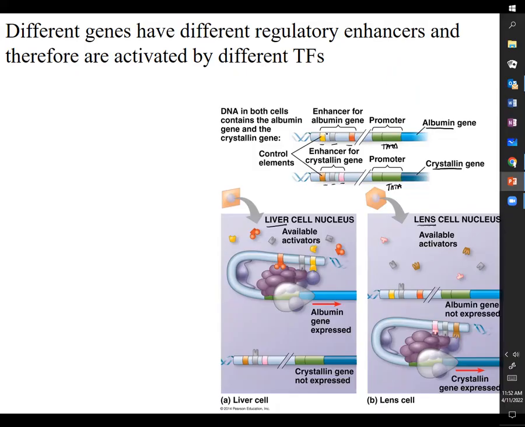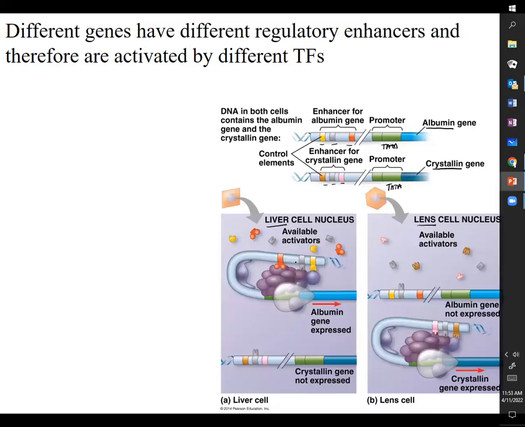In cartoon form, the albumin gene has enhancers that are yellow, gray, and kind of this red color. And then the crystallin gene has orange and gray. So they share gray, but they have different other enhancers involved. So if we're in the liver cell nucleus and we look at transcription factors that are being expressed or activated in the liver cell nucleus, we see transcription factor red, orange, yellow, and gray.